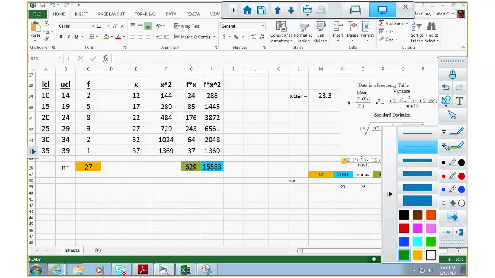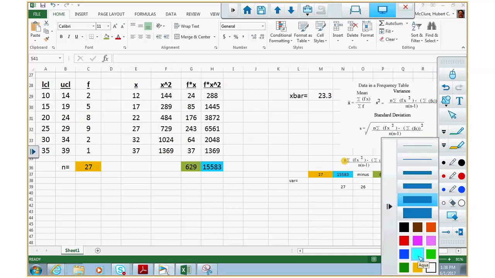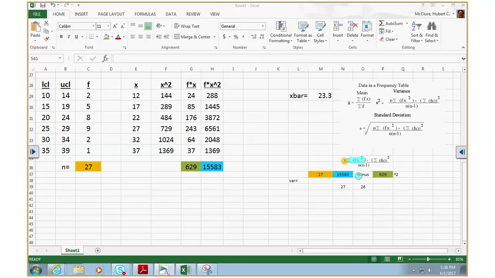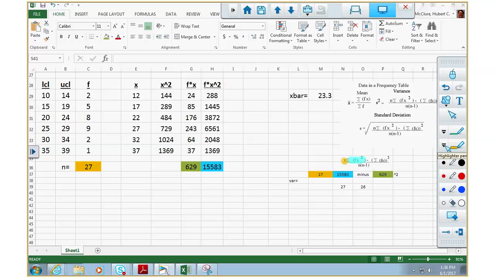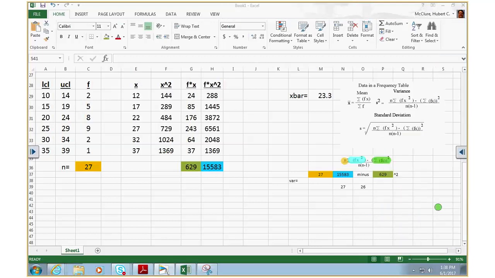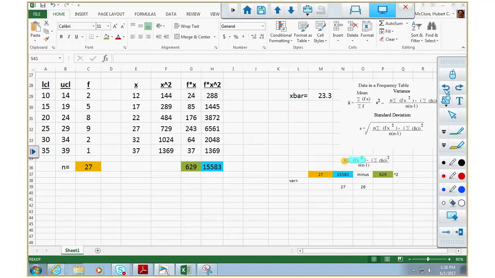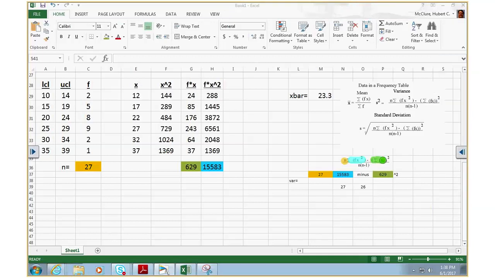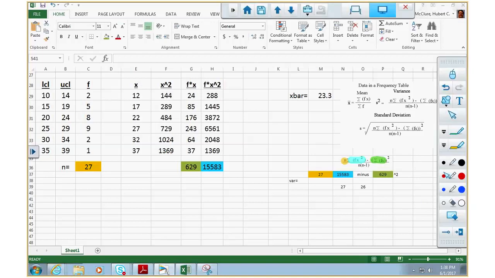And that's as close as I can get with that aquamarine. Aquamarine is right there, or the blue. And then the green is right here. Oops, I need to erase some of that. There. Does that help? Is that what you were asking?